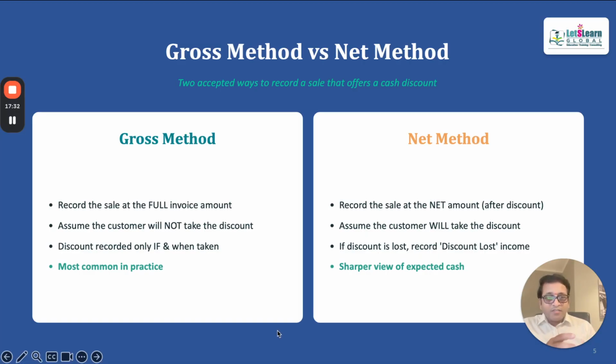You'll need to adjust the discount which was given early at the time of preparing the invoice. So that is a discount forfeited. This is a little tedious as compared to the gross method. Therefore, most companies do not encourage the net method.